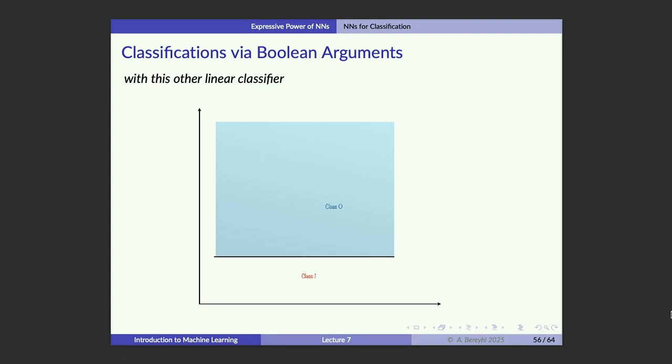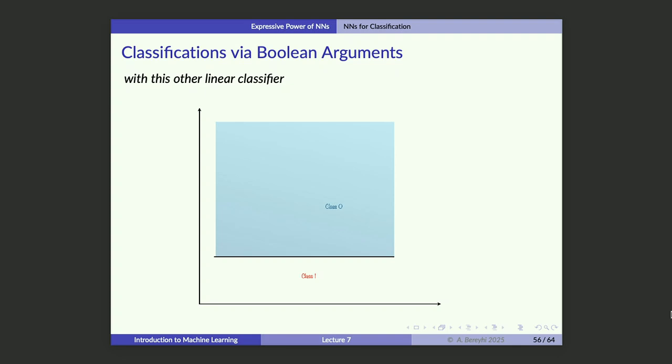It's going to be this region, and then the same thing for this one, and whatever comes out of them, again, I combine them with Boolean arguments, right? Correct? So any classification problem that you have, you can always write it down as a sequence of Boolean arguments. Okay? Any classification problem, right?